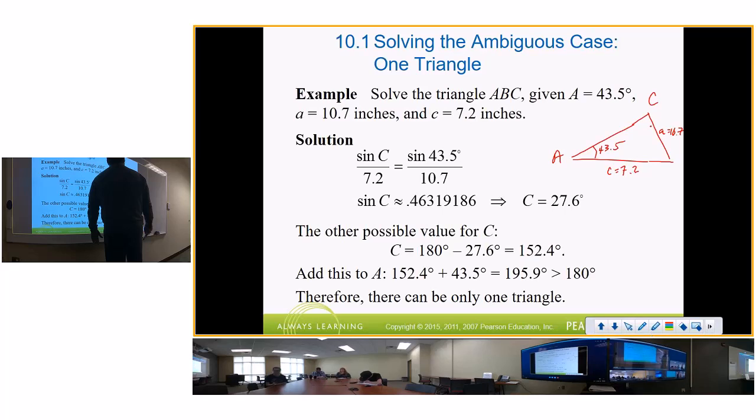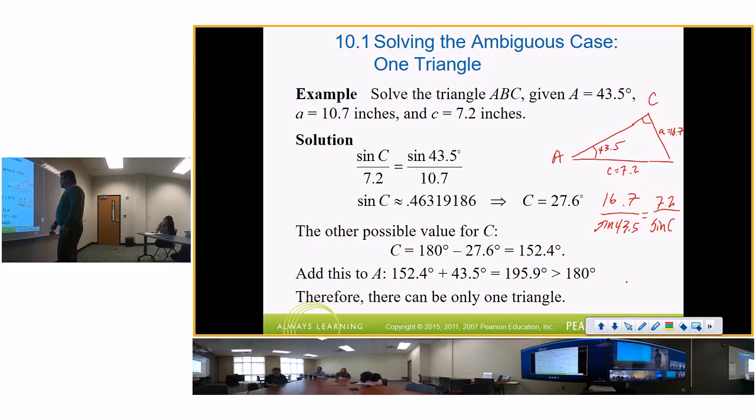We have to find angle C first. So that's going to be 43.5 over sine of, I'm sorry, I just messed that up. I think by the end of the day, my brain is mush. All right, 16.7 over sine of 43.5 is equal to 7.2 over sine of C. And you're going to crisscross and take the inverse sine.